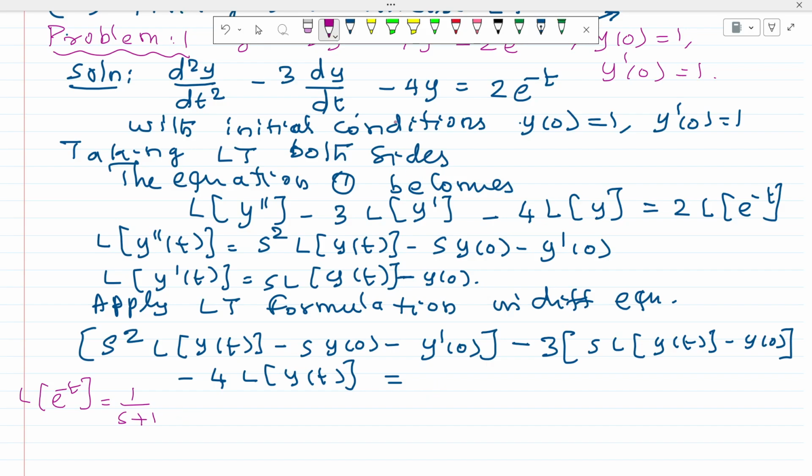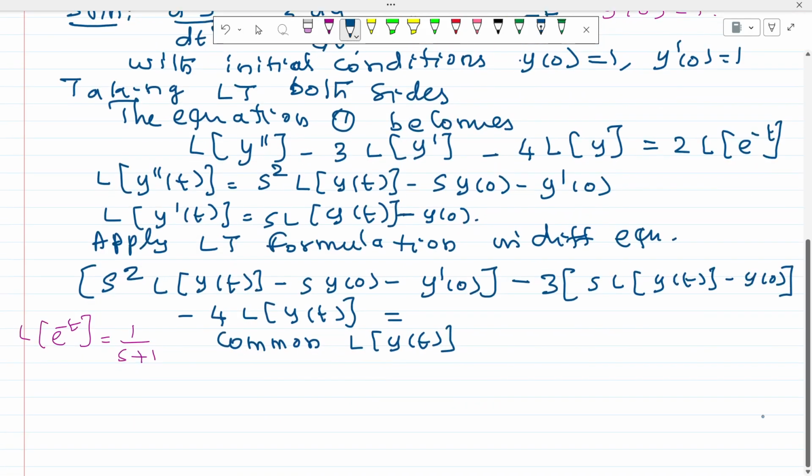Therefore we can write this equation by taking L of y of t common in the left hand side. What is remaining? Open the bracket.